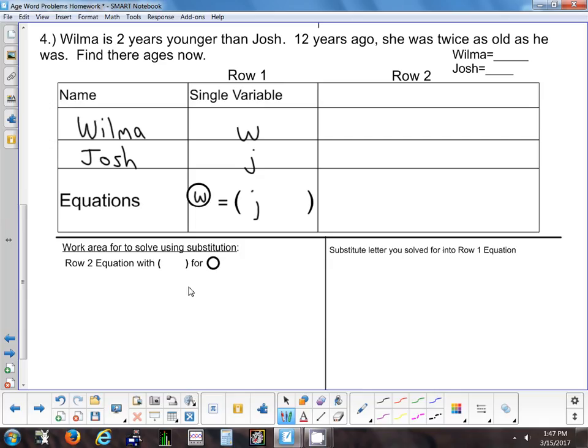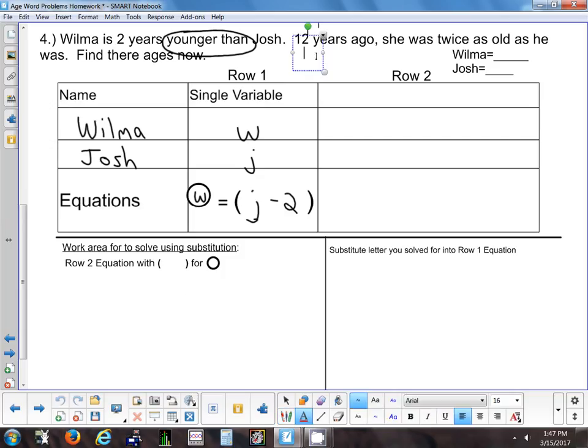Yes, perfect. J minus 2. Guys, big thing with this. Eastlese are exactly right. All right? Where it says younger than, just like what Nini wrote, what does younger than mean in math? What's it going to translate to? Subtract, right? All right, it'll be minus.